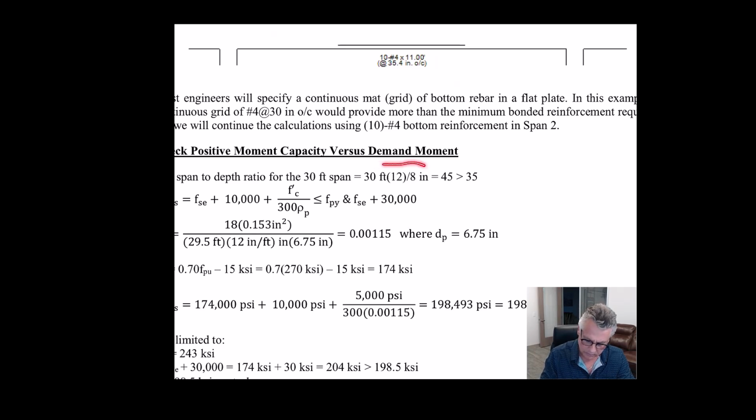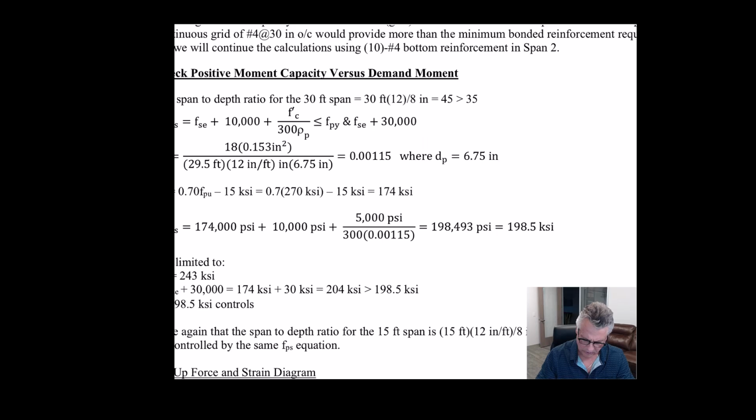So in the 30-foot span, we're really doing the same calculations we did before. That's still the same span to depth ratio that we had before. So that's the same FPS equation. Shockingly, we're going to end up coming up with, without me walking you through the whole thing, the same exact 198.5 that we did at the top. DP was the same in both directions.